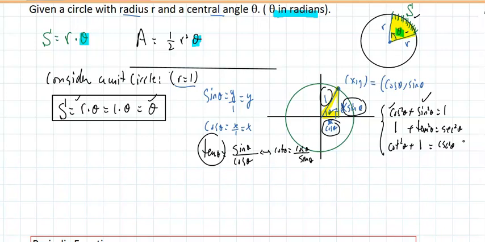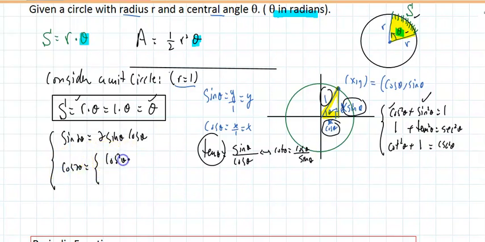So there are many identities you're supposed to know. The sine of 2 theta is twice the sine of theta cosine of theta. The cosine of 2 theta happens to have 3 identities. It's either cosine squared of theta minus sine squared of theta. It is twice the cosine squared of theta minus 1, or 1 minus twice the sine squared of theta. If I take this and solve for cosine squared, I'll get the power reduction identities.